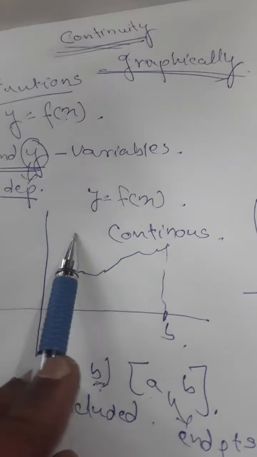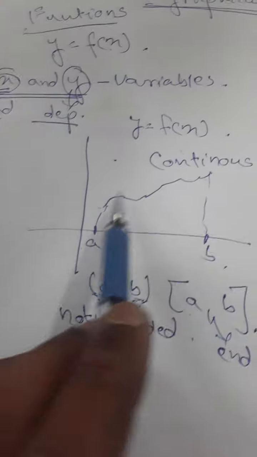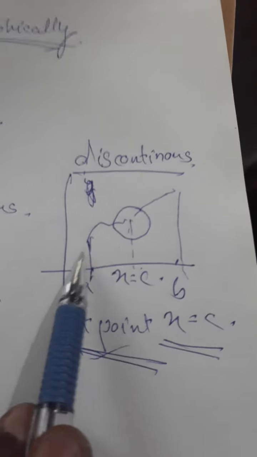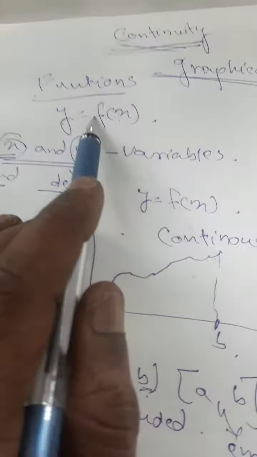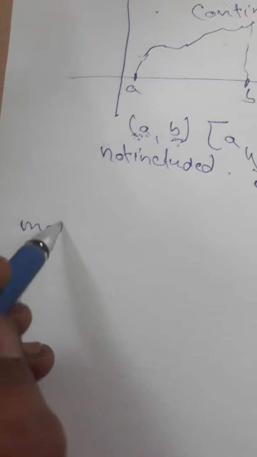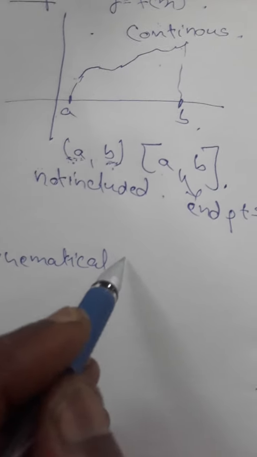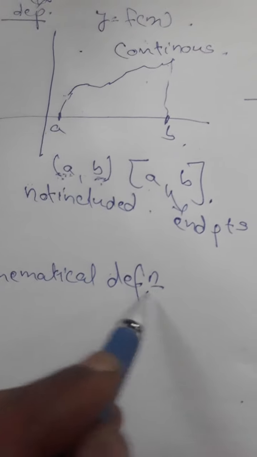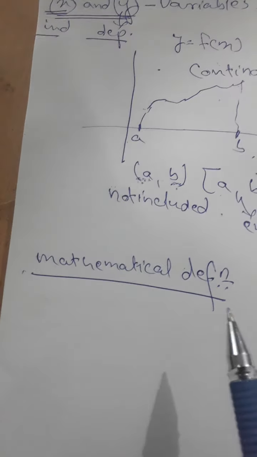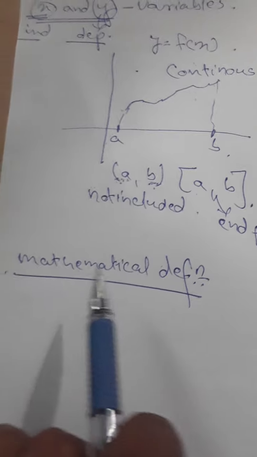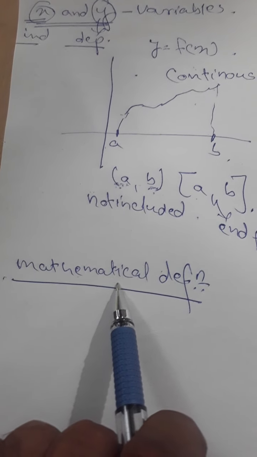Now every time it is not possible for us to draw the graph of the function and check the continuity and discontinuity. So for that, what we do is we give a mathematical definition of the continuity of a function.